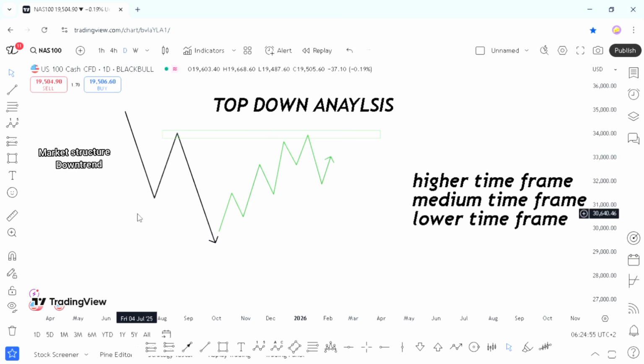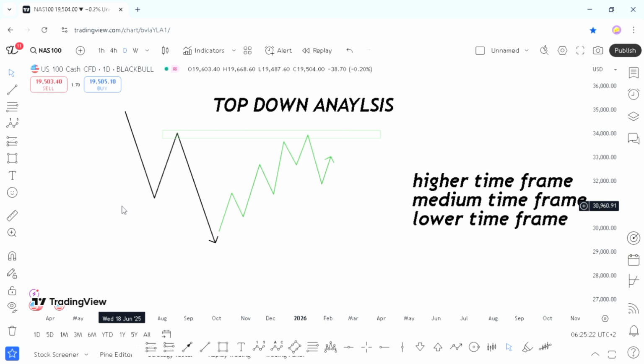And if we can read the market structure on the higher time frame, secondly, you move to the medium time frame. That's where you will map out your zones. Okay, so once you map out your zones on the medium time frame, you still try to identify your medium time frame structure, and your lower time frame is where you will be looking to place your entries.